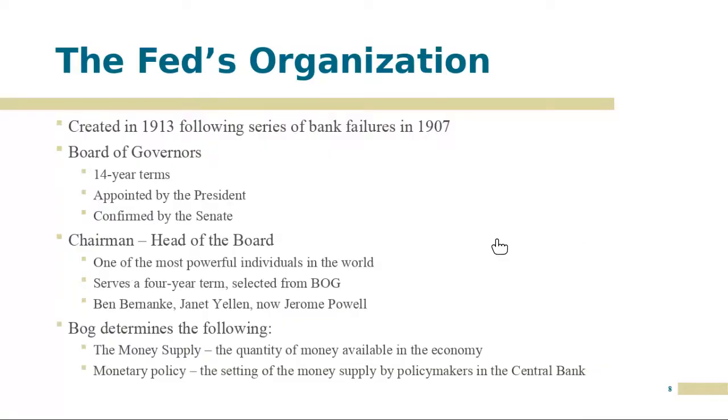Now, the Fed is organized. It was created in 1913 following bank failures in 1907. A fascinating note here: the reason the Federal Reserve was created was because in the midst of the 1907 banking panics and banking crashes, a guy by the name of J.P. Morgan single-handedly bailed out the United States. One man, one banker provided the funds to bail out a banking crisis.